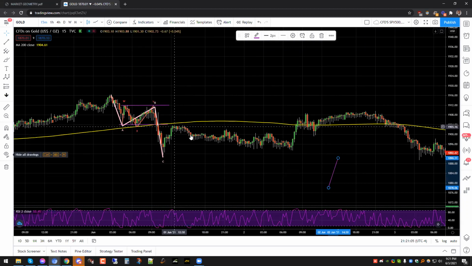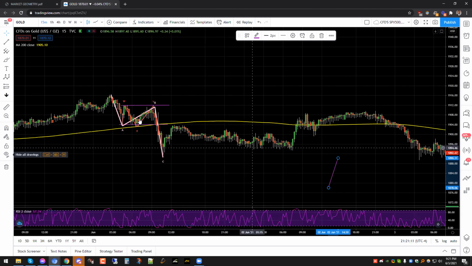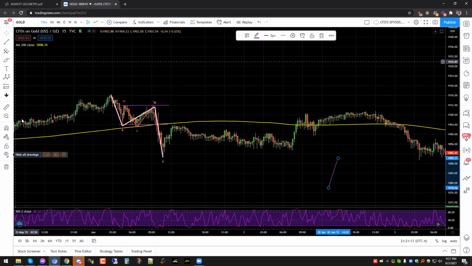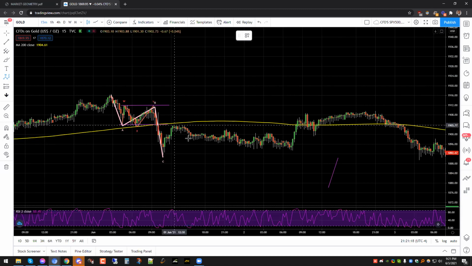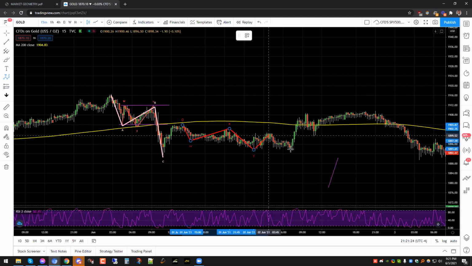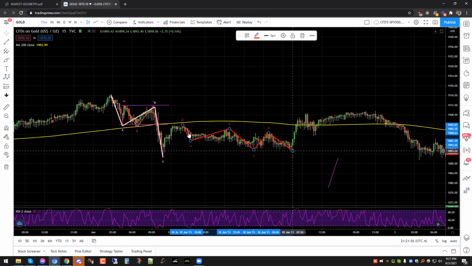So if we're going down, this is 1, this is 2, this is 3, right? So this is going to be labeled, let's use WXYZ. So this is WXY, and this is X, and this is Z right here.